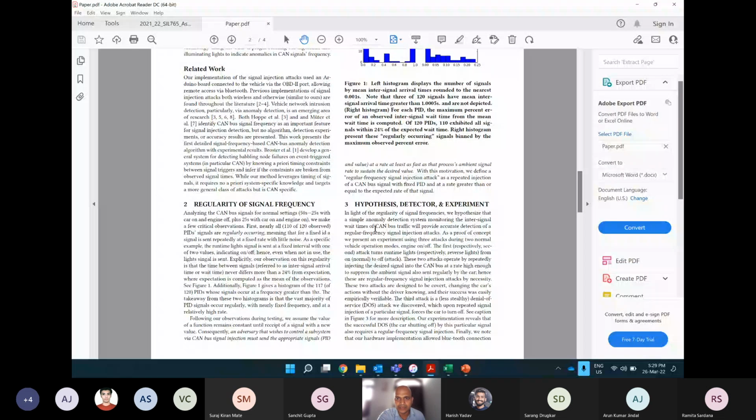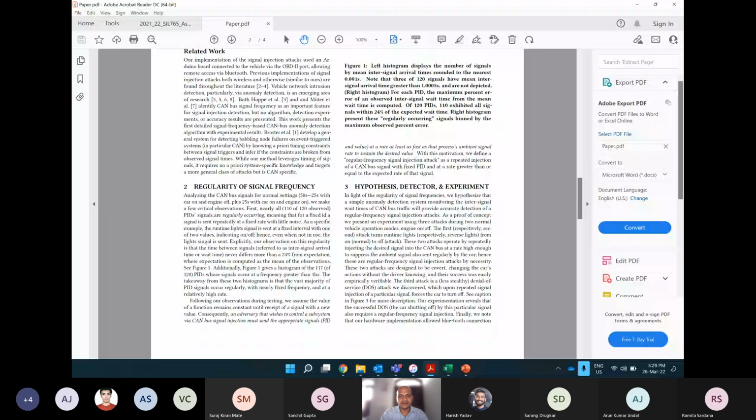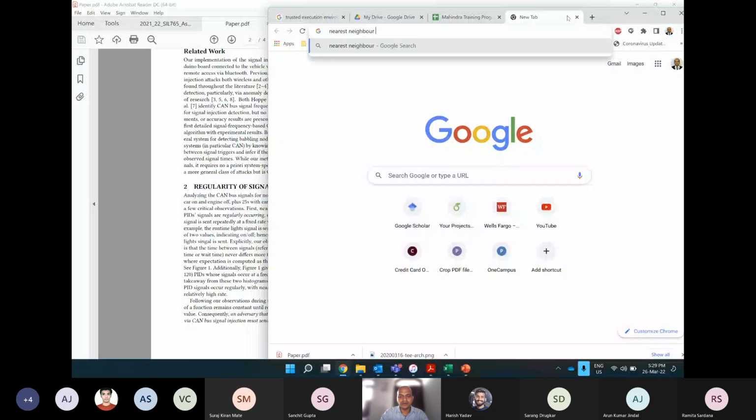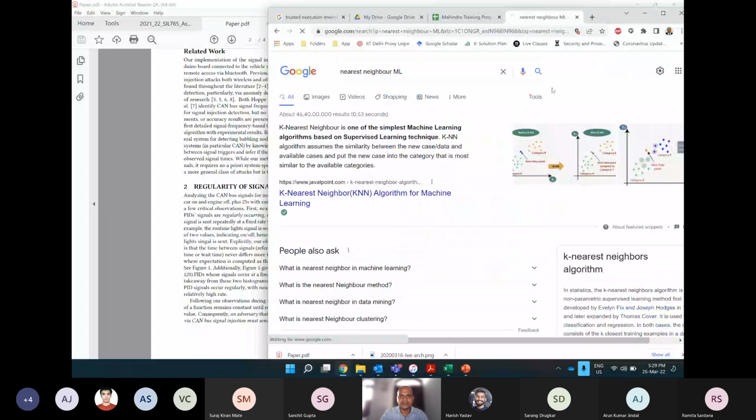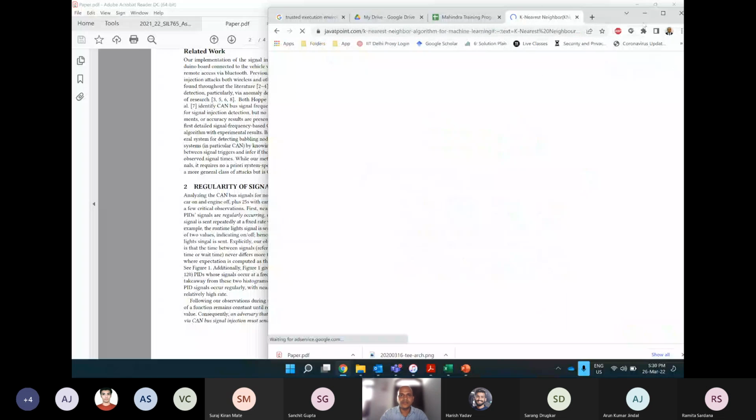I would say do your best, even if you have never done a machine learning course. If you just utilize nearest neighbors, this would be good enough.